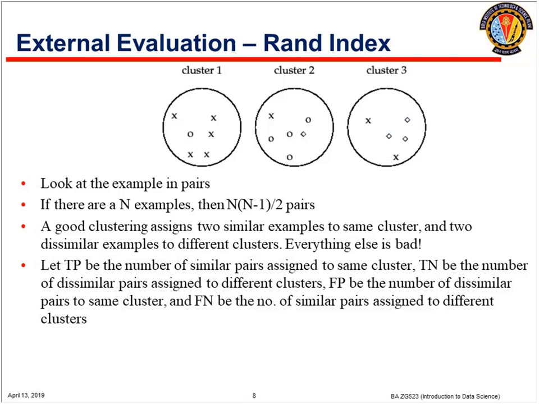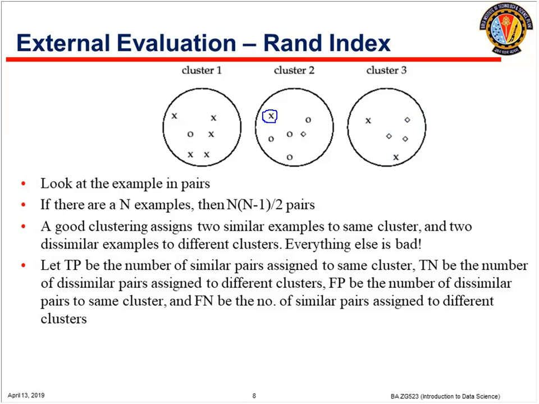Okay, how in cluster 2 did you get 9? Yeah, in cluster 2 we got 9. Right. So in cluster 2, look at how many pairs you can make with this X. 5 dissimilar pairs you can make with this X, right?